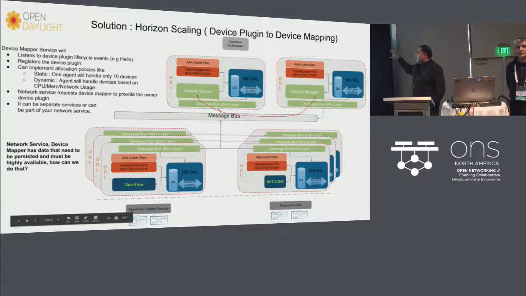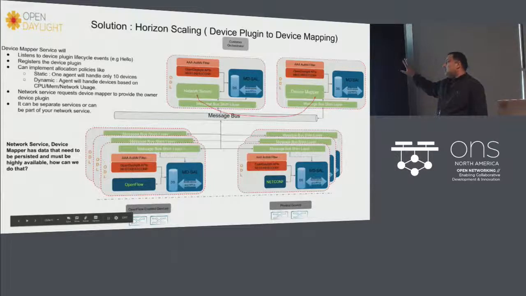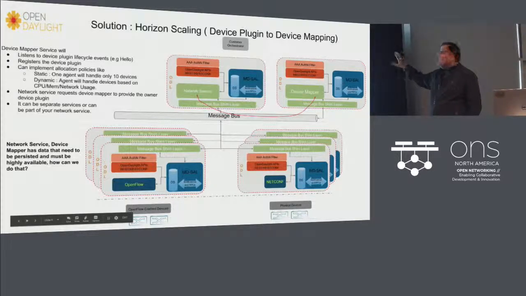The device mapper also sits on the message bus, and it registers all the agents, saying, okay, I have an agent running that can manage, let's say, OpenFlow devices or NETCONF devices. Once that happens, it can also do work distribution, because that inventory needs to be populated there. This component knows what agents are running, and it also contains the information of which agent is mapped to which device.